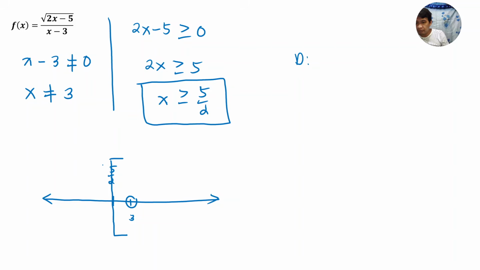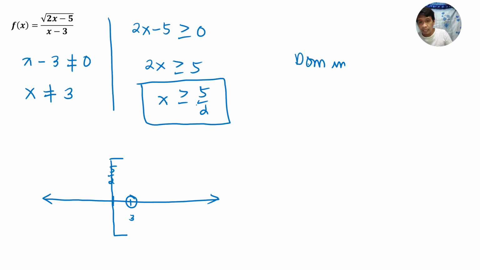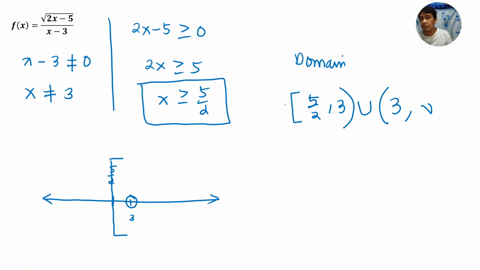So, I can express my domain in interval notation as 5 halves, 3, excluded, union with 3, infinity. So, this must be the answer there. So, that is for case number 4.